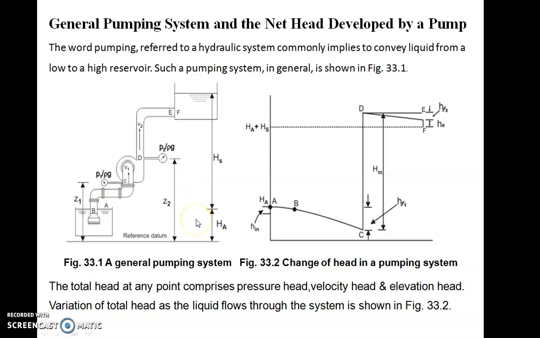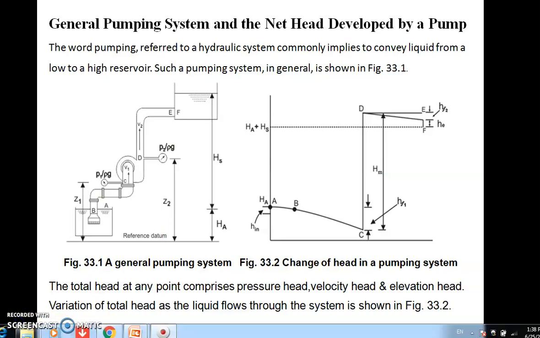So HM is the output for a pump. Head is the output for a pump, while head was the input for a turbine. Similarly, shaft power was the output for a turbine, and now shaft power is the input for a pump. So it is completely opposite.